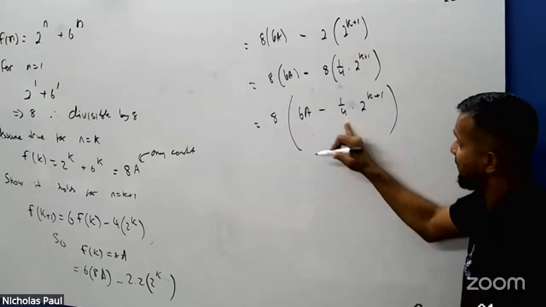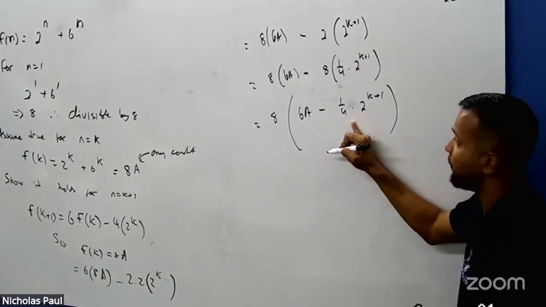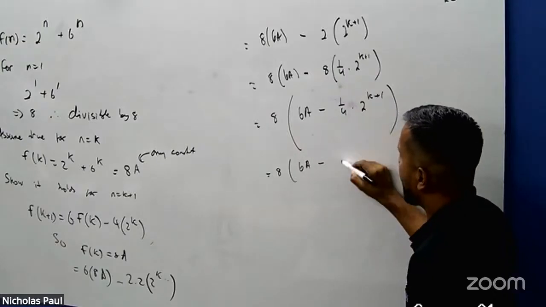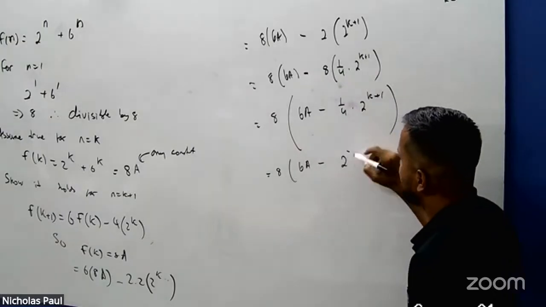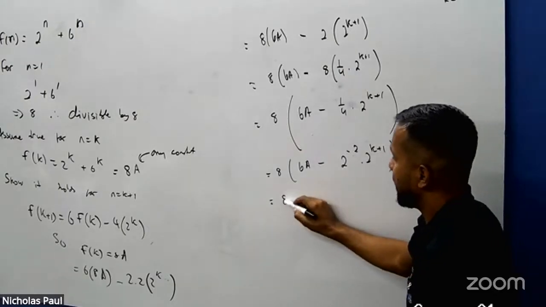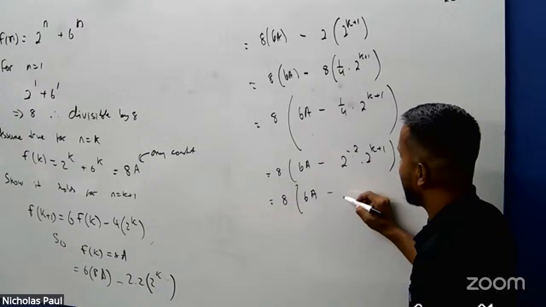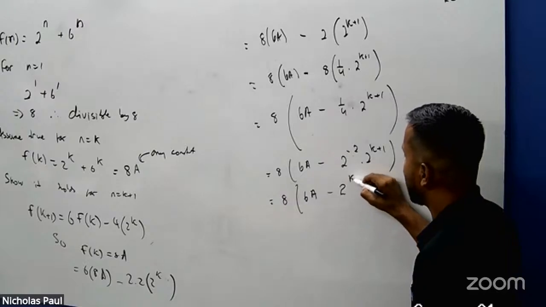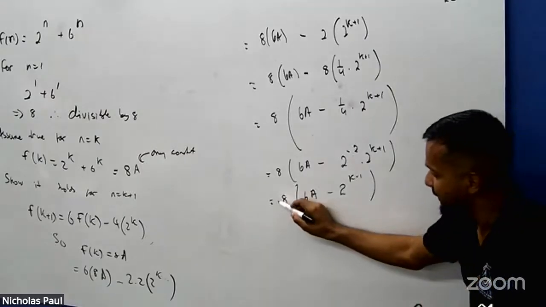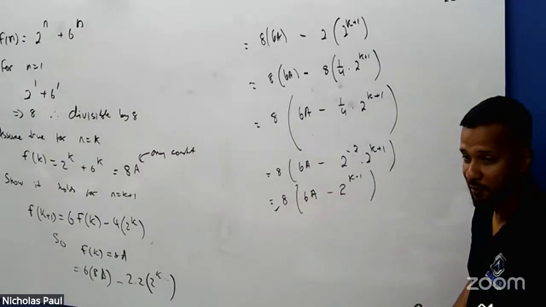If you want, you can further simplify this. This will be 8 times 6a. A quarter is 2 to the minus 2. So you'll get 8 times (6a minus 2 to the k minus 1). But at the end, what we're interested in is being able to factor out 8.